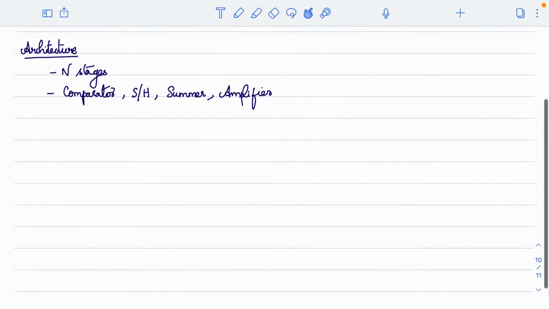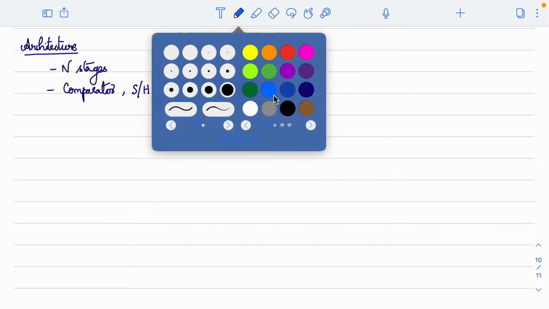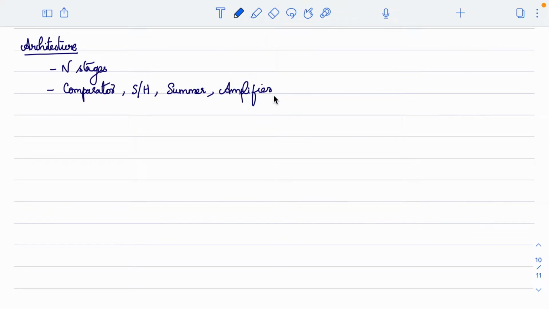Yeah, so as listed, this will have n stages. If you look at one stage, first of all we'll have the input signal, and the input signal will be given to a sample and hold circuit, where the input analog voltage will be sampled and held, right? So that output will be available at the output of the sample and hold circuit. Now at this point we start our comparison.